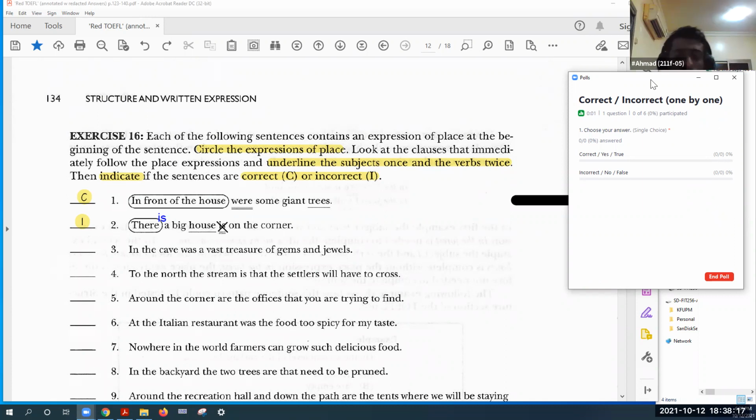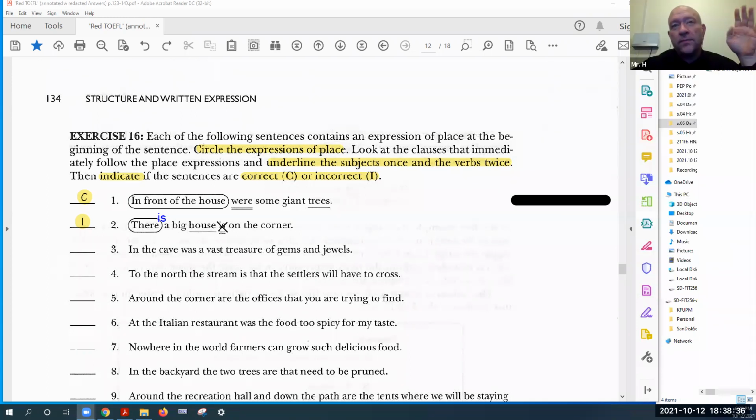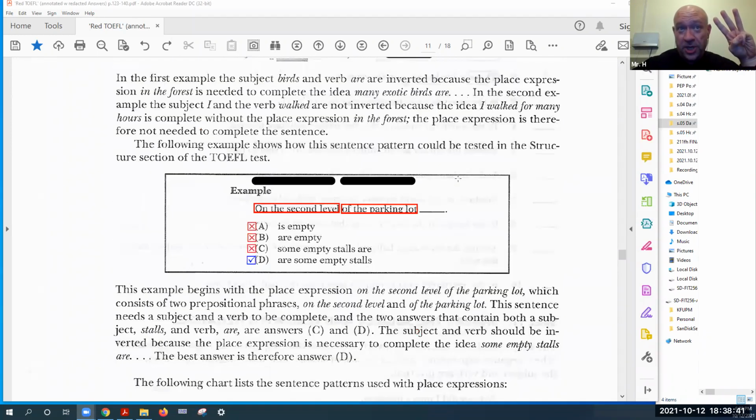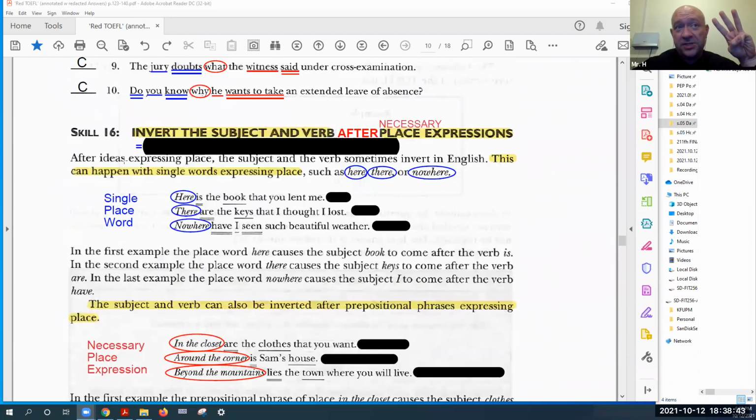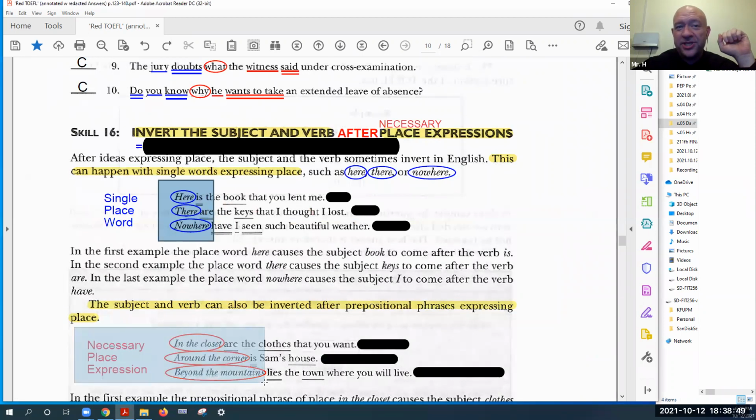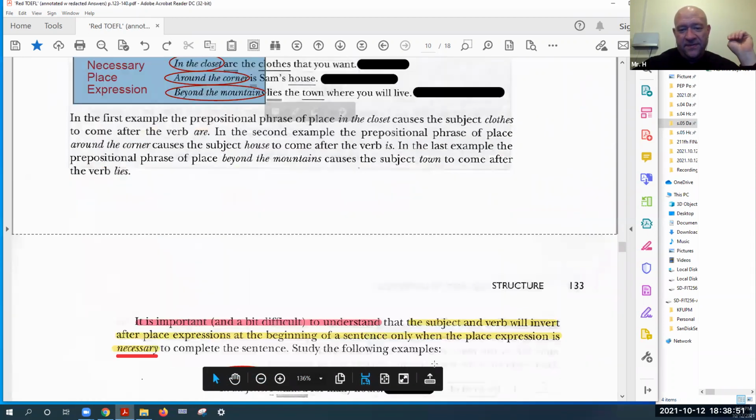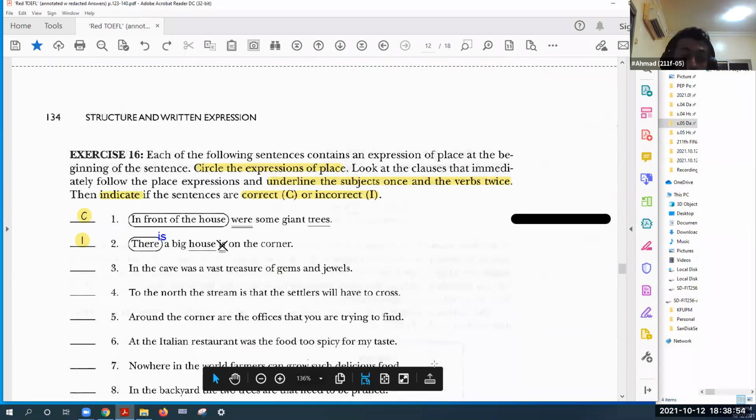Mr. Rich, what's the keyword for this skill? There's no keyword, but the key idea is the place expression at the beginning. How many words do we have in place expressions? There are only three single place words. But the place expression is unlimited, so we don't have a keyword.